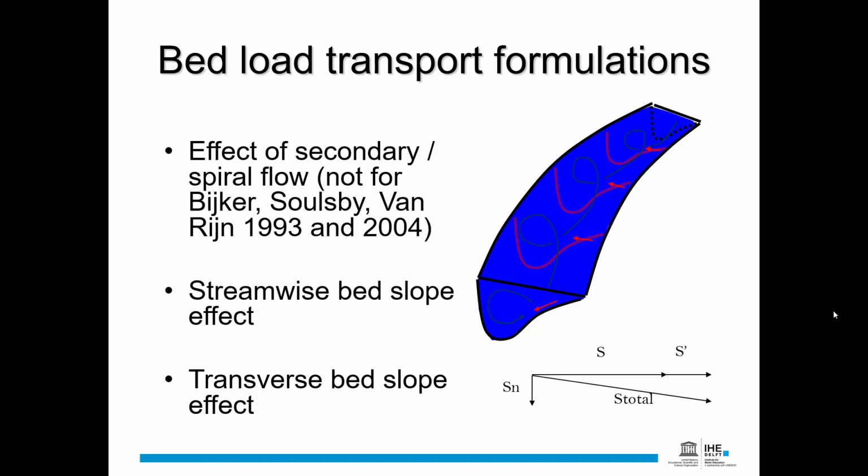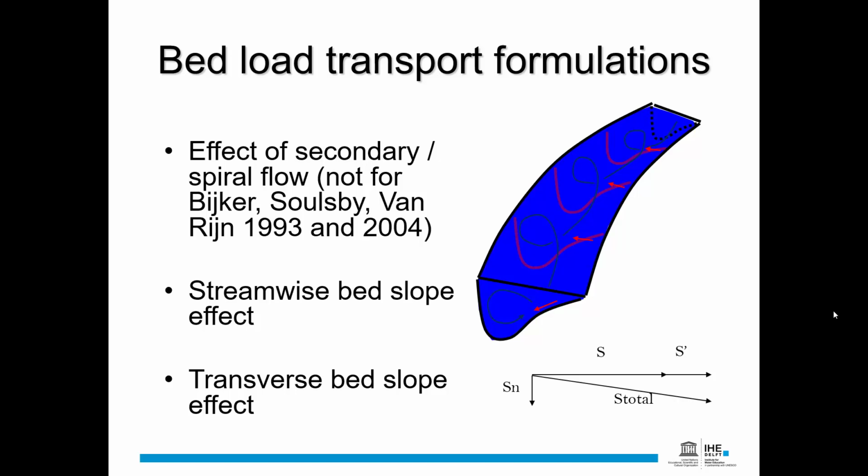The other two important parameters are the bed slope effects. When a grain of sediment is on the slope, then beside the current, its own weight also influences the amount of movement. Usually using the empirical sediment transport relations, we calculate only the sediment transport, assuming that it's on a flat bed.